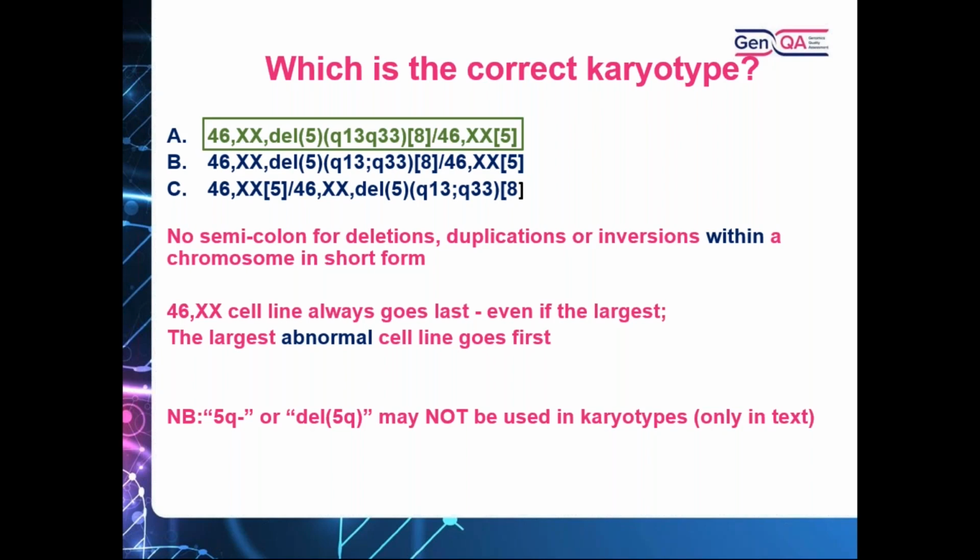It's there for translocations and derivative chromosomes, but not for deletions, duplications, and inversions. And the 46,XX line always goes last, even if it's the largest. And in fact, in this case, it isn't. The largest clone wasn't put first.